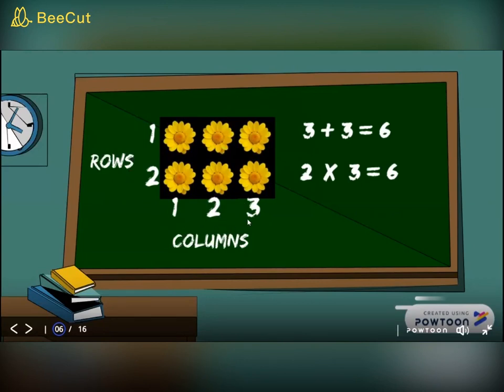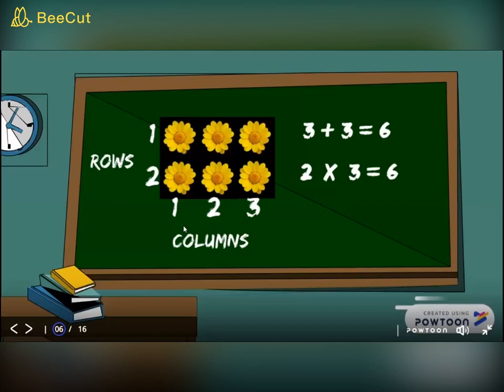What will I do to write a multiplication problem using this array? It's so easy, and this way I will solve all of the problems. I will write the number of the rows times the number of the columns. You see this multiplication equation here? 2 here is the number of the rows. I have 2 rows, so I write here 2. 2 times what? The number of the columns.